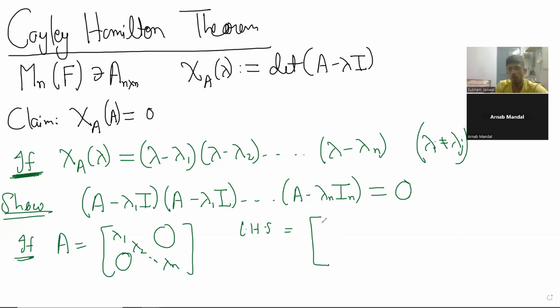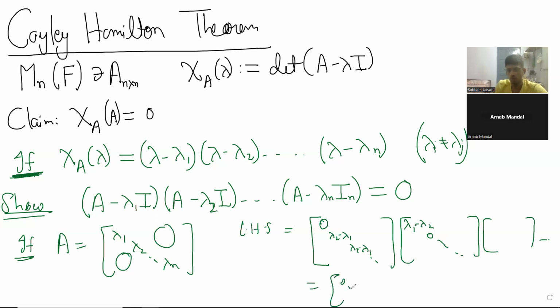It becomes 0, lambda 2 minus lambda 1, lambda 3 minus lambda 1, and so on, times lambda 1 minus lambda 2, 0, and so on. When you multiply diagonal matrices, you just multiply the components, and this will become 0, 0, 0. So for this kind of matrix, with this kind of condition, it holds.